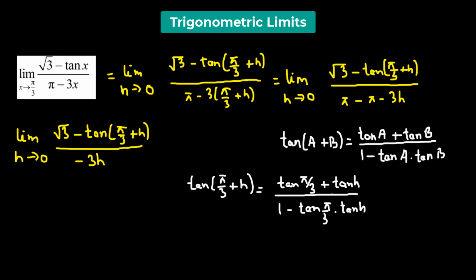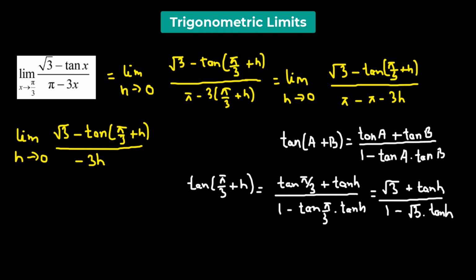Now tangent of pi over 3 is equal to square root of 3. So we have square root of 3 plus tangent of h divided by 1 minus square root of 3 times tangent of h.